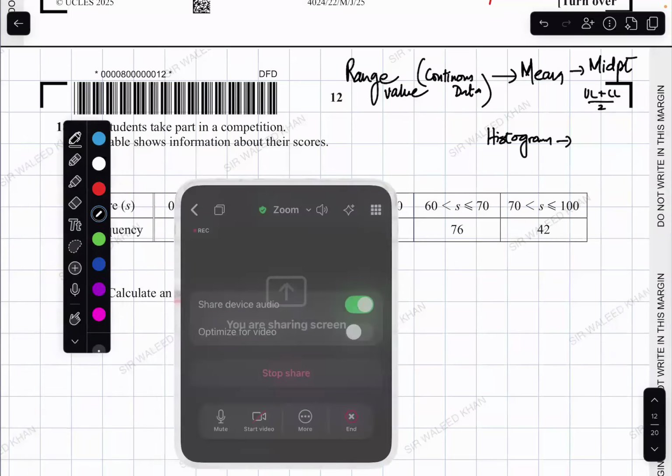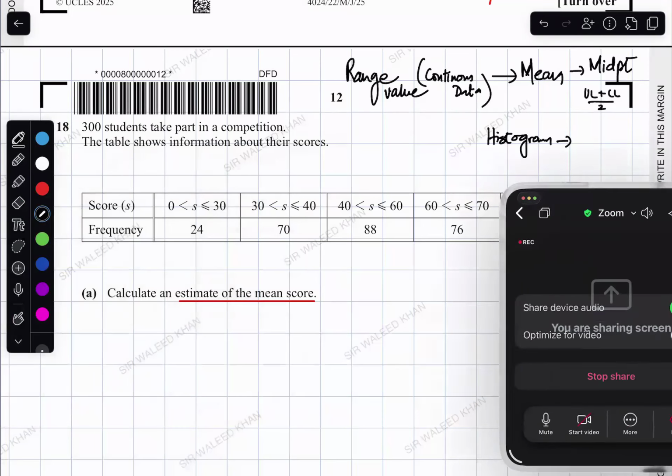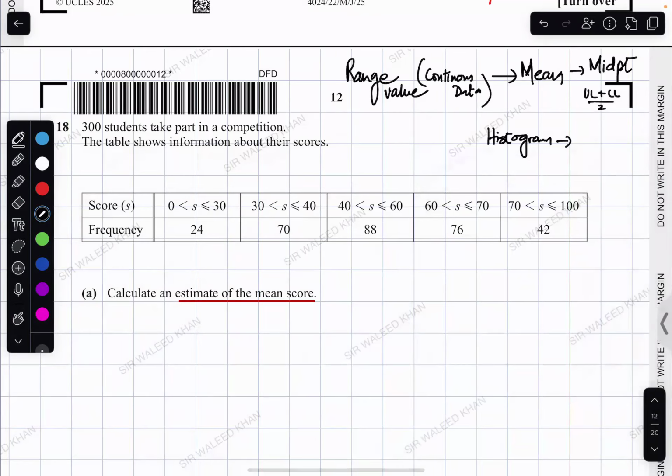So just understand what is to be used when. Histogram, class width. Class width is upper limit minus lower. So over here, they are asking about means. I'm going to use midpoint, and that will be considered as the value of x.